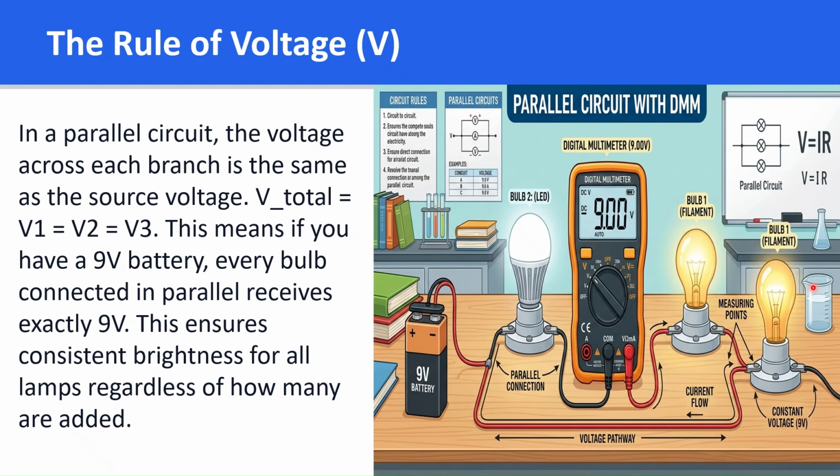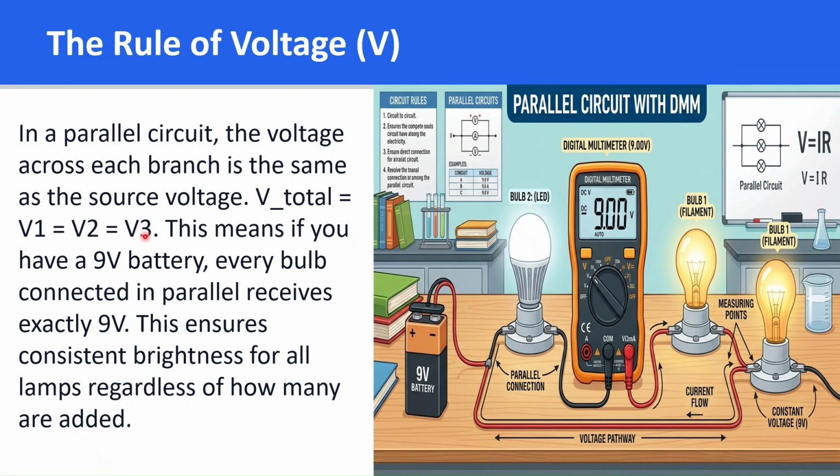Because any bulb in the reading will be the same because the appliances in your house have the same source. And if we total this one, 9 volts and 9 volts, no? So the V total equals V1 equals V2 equals V3.